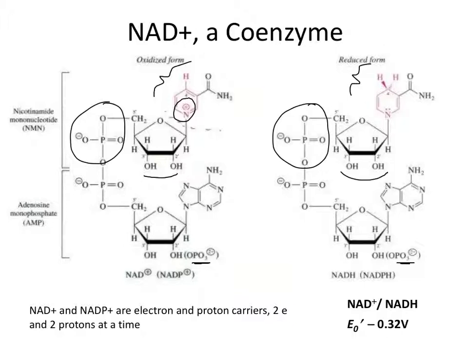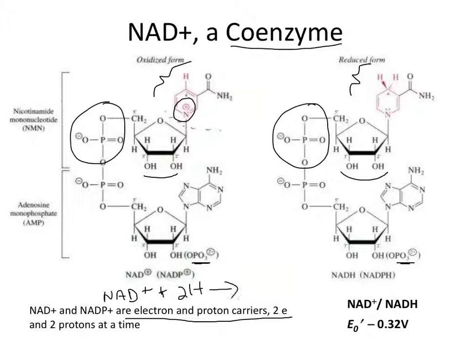They're diffusible, they are coenzymes, and what they're capable of doing is carrying 2 electrons and 2 protons, as I've written down here on the left. Okay, and the reaction is actually NAD+ plus 2 hydrogens.